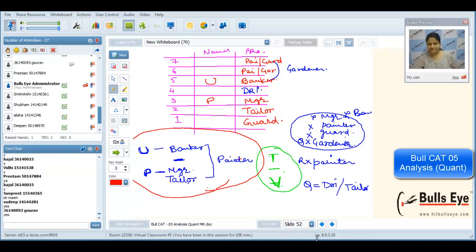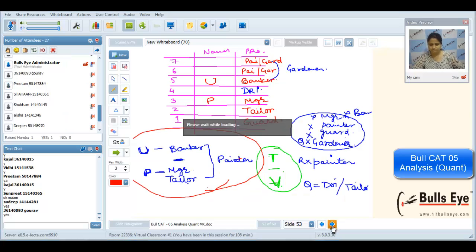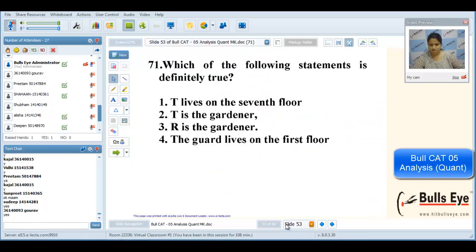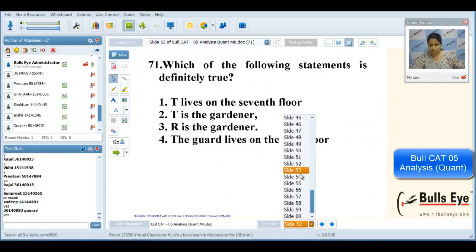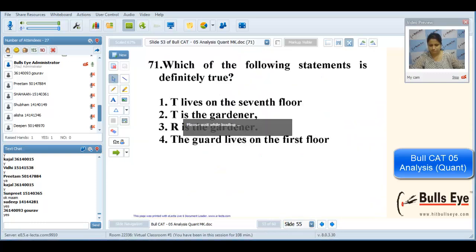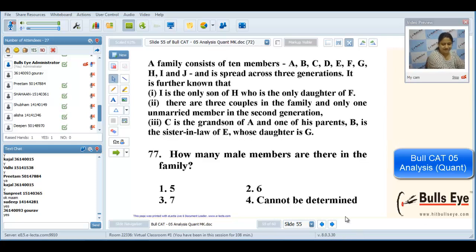Okay, now the next. This is a moderate set. Moderate level.